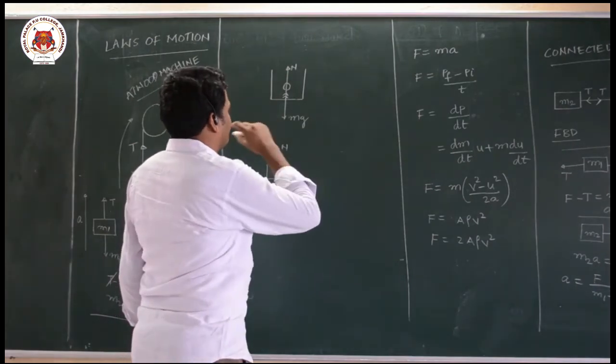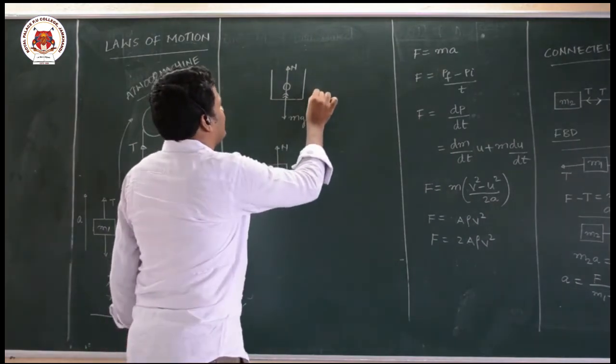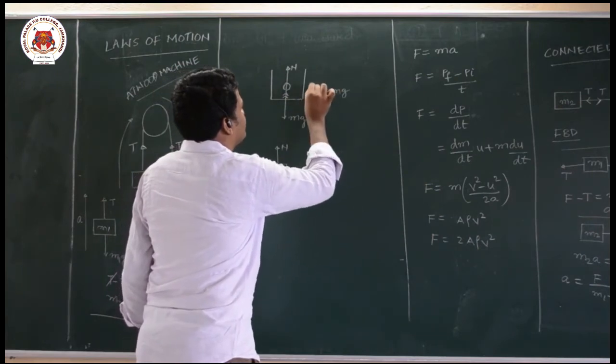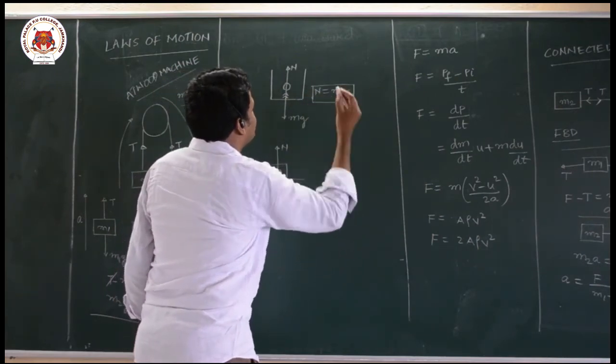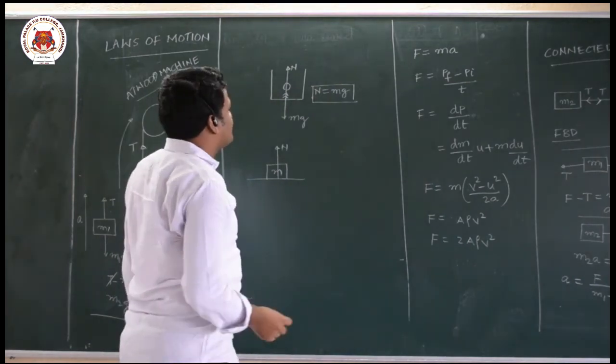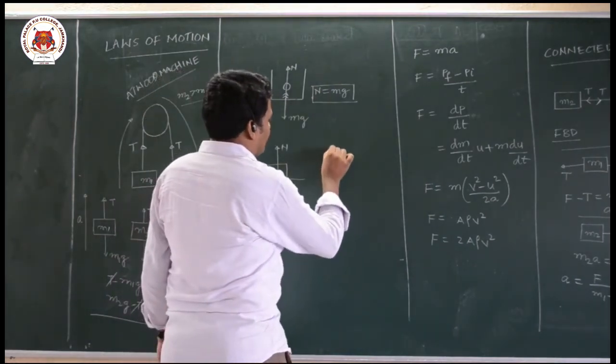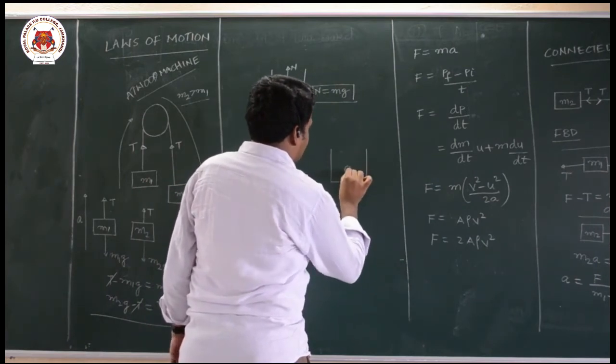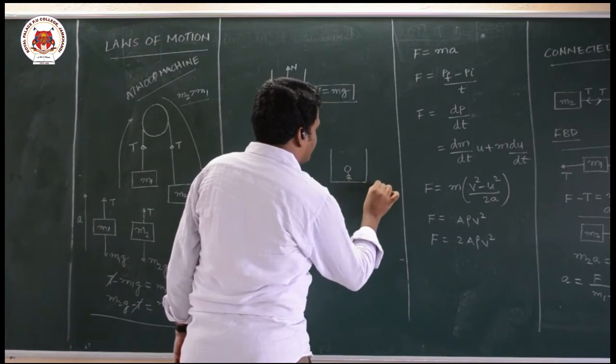Now the person is at rest, therefore N must be equal to mg. This normal reaction is equal to mg. Now what happens to this normal reaction when the lift is moving up? Next case, the lift is moving up with an acceleration a.